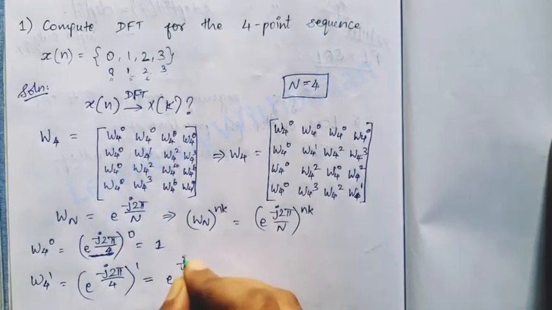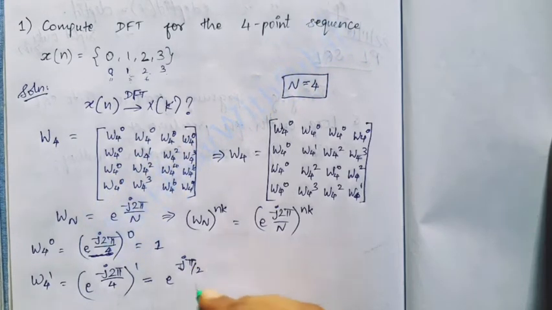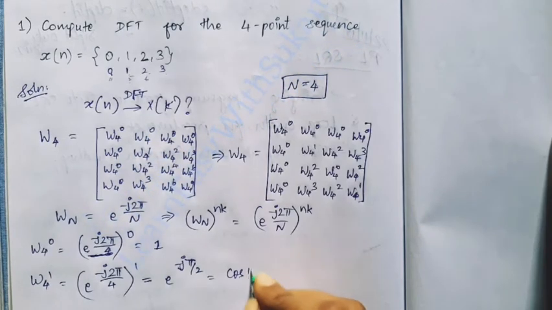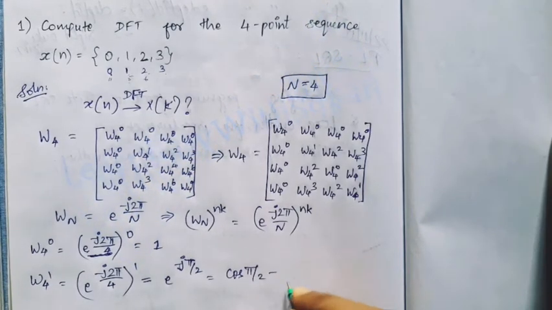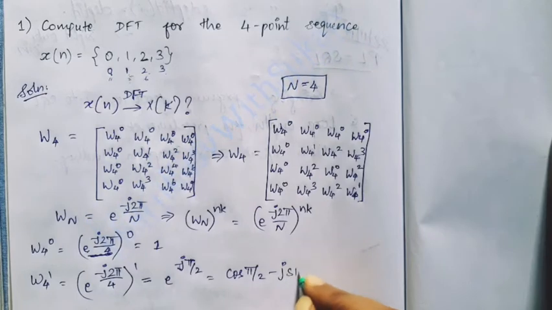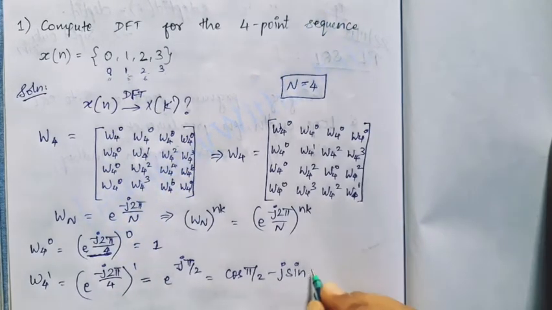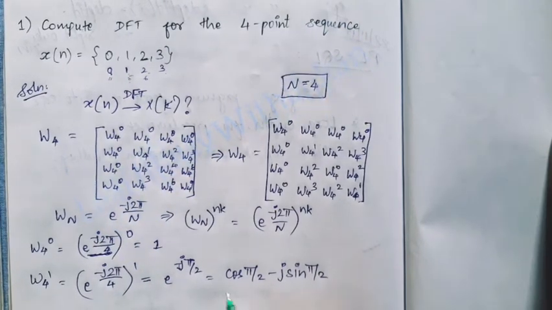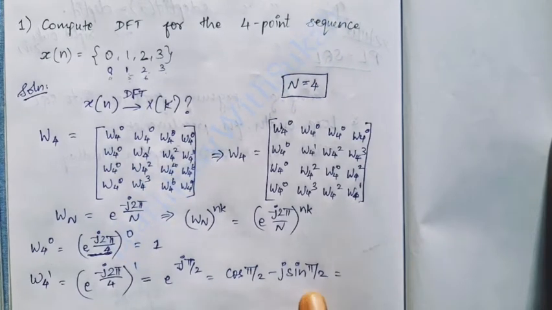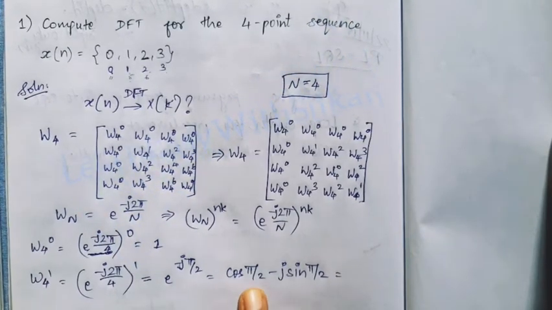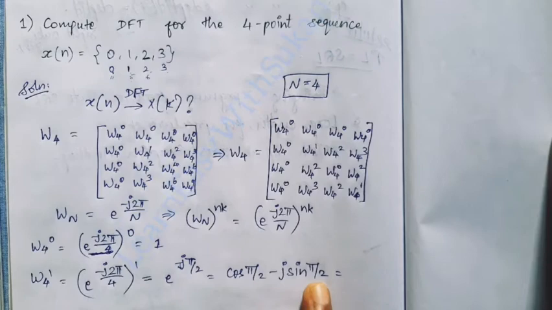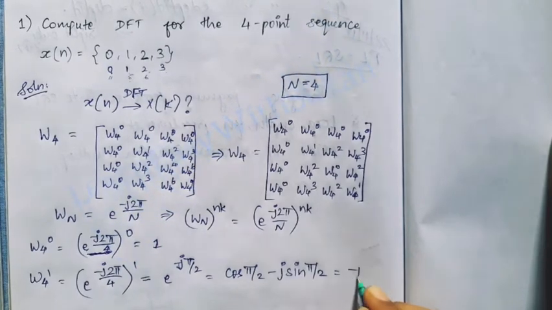E power minus j pi by 2, which is equal to cos pi by 2 minus j sin pi by 2, because the sign is minus here. So now, this is easy because we all know cos pi by 2 is 0 and sin pi by 2 is 1. 1 into minus j is minus j.